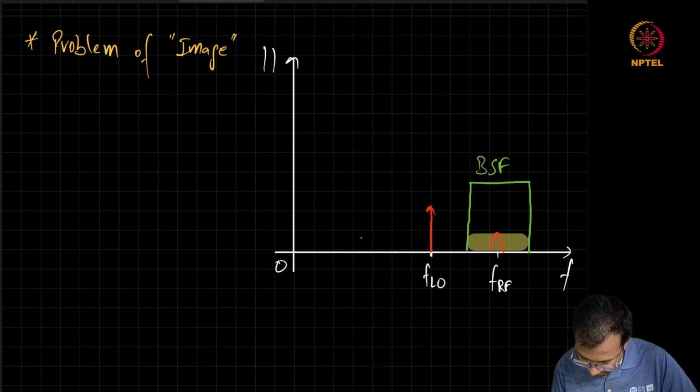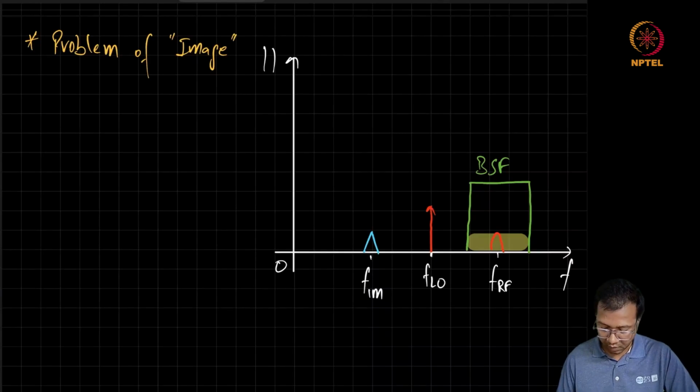For this corresponding channel, we are talking about an image which is at frequency FLO minus FIF. Since we already have a filter to select the band, we can say that this band select filter should completely attenuate this signal at the image frequency. And in such a scenario, we should not be facing any problem of the image. Oh, so this is partially true.